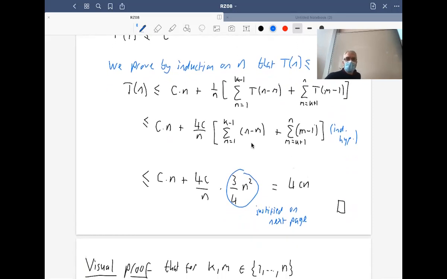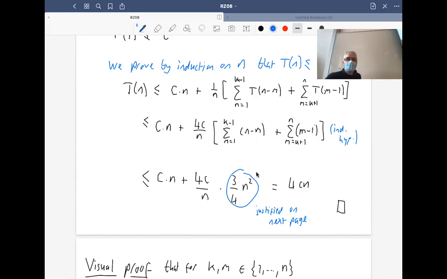So now, if you want to, you can expand out these sums using your formulas for summing the elements of an arithmetic series. You can plug them in and do some calculation.